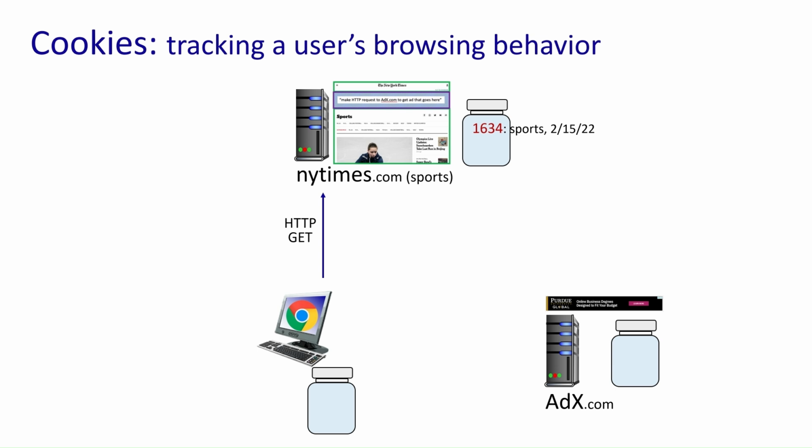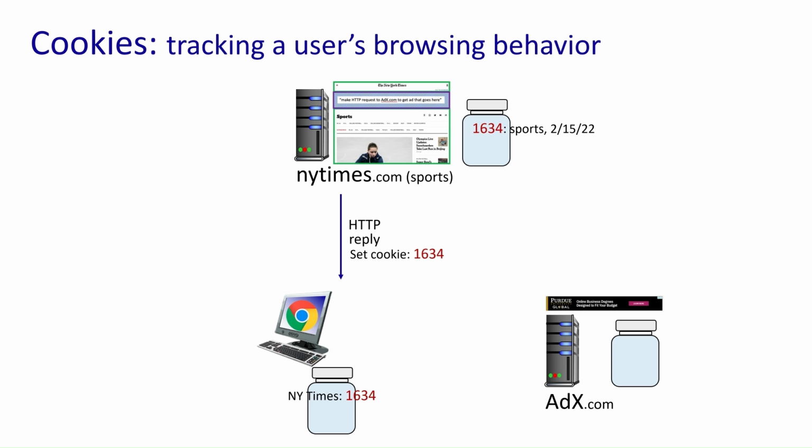Now look at this. The New York Times is not only assigning a cookie, but it is also noting the browsing: on the 15th of Feb 22, I accessed sports. It will send me a response, and obviously will add this header line, which is a Set-Cookie.